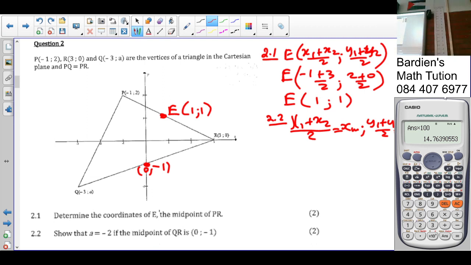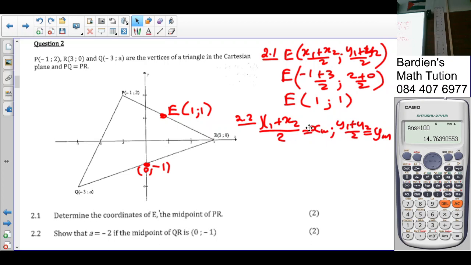Let's bring this over a bit. Since A is on your y, I'm going to use this one. The x is already sorted. So we say y1, which is A, y2 is 0, equals negative 1.